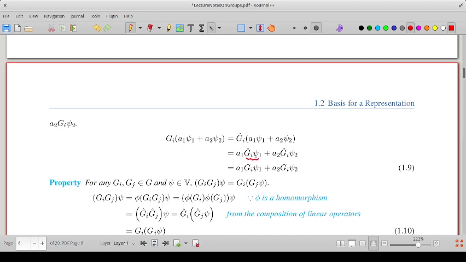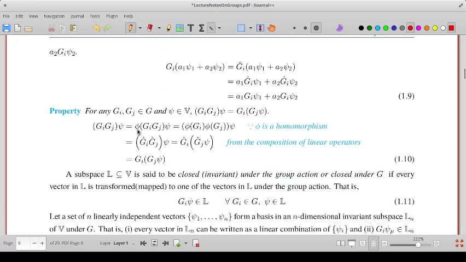But this is nothing but the group action on psi1, so a1 Gi psi1, plus the group action of Gi on psi2, so a2 Gi psi2. So this has proven that Gi acting on a1 psi1 plus a2 psi2 is simply a1 the action of Gi on psi1 plus a2 times the action of Gi on psi2.